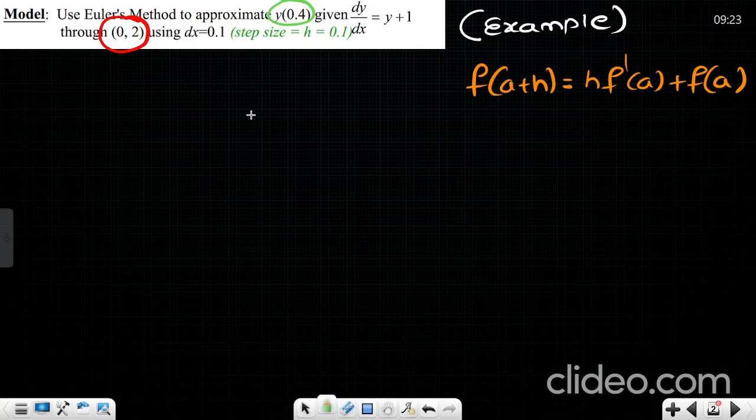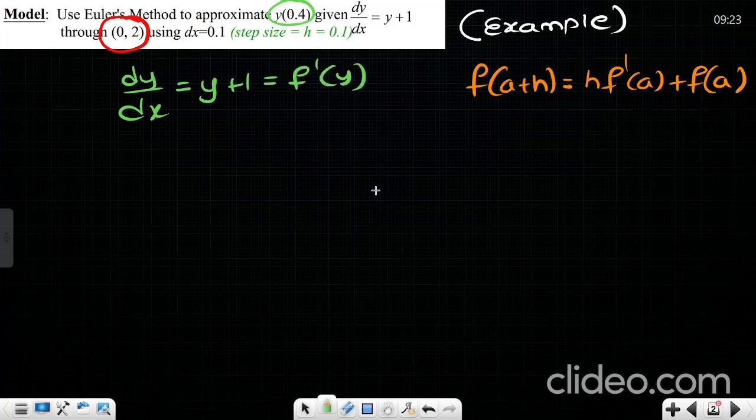First, the initial condition they have given. Here dy by dx is given as y plus 1, nothing but f dash. Initially they told us that f of 0 is equal to 2. This is the initial condition they have given for us.